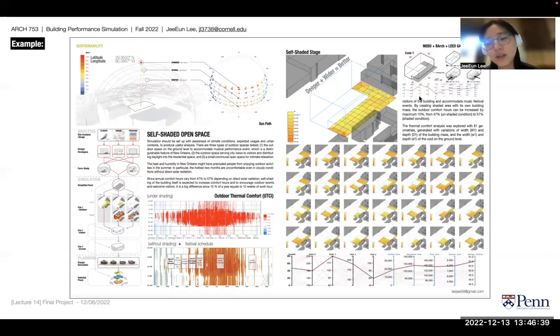Here I learned Design Explorer, and used it and compared. UTCI was the criteria we used, and deeper and wider is better here because the solar radiation is pretty high. If we shade the area, we could increase the UTCI.